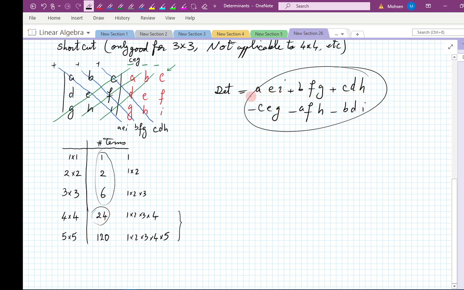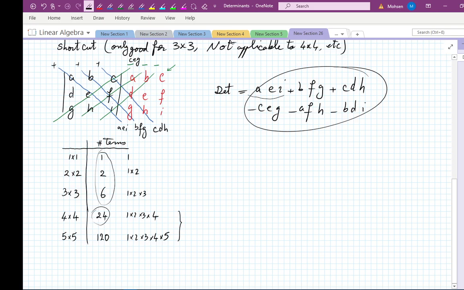Each of the terms is going to be a product of 4 items. 12 positive, 12 negative, meaning 12 of them come with a plus in front of it, 12 with a minus in front of it, and that's what it is. There are no repetitions or anything like that. There's no cancellation that's going to happen. So 24, that's already looking intimidating. And imagine, go to 5 by 5, you're dealing with 120. That doesn't look fun.